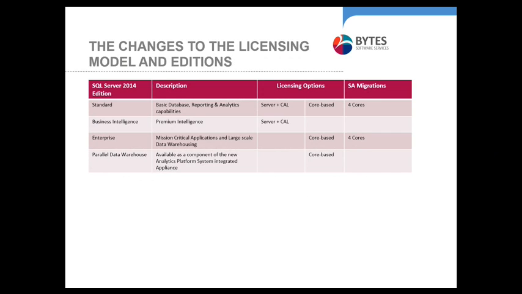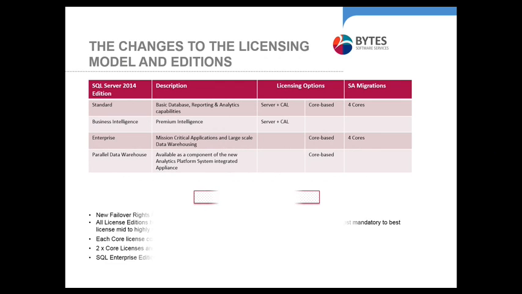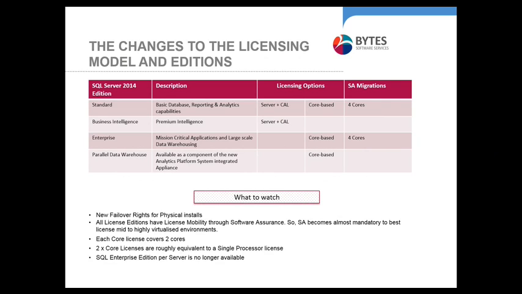Business Intelligence Edition is licensed only in the server CAL model, but the big change, and the one that perhaps is most significant to many of you joining us in the webinar today, is the Enterprise Edition, formerly available in per server and per processor models, but now only available in a per core licensing metric. This represents a huge change and impact on SQL licensing costs as well as the ongoing OPEX for many of our customers. And at a high level, this is what you've got to watch out for with 2014 and any new licenses that you're purchasing.